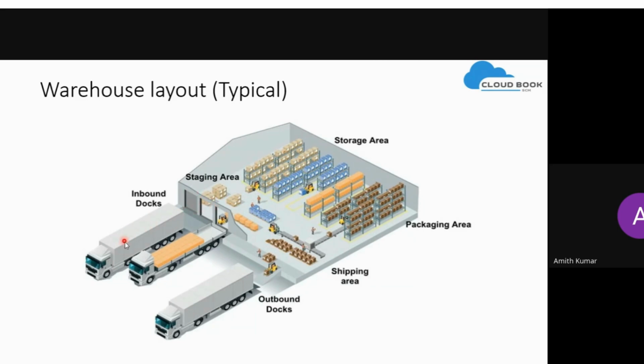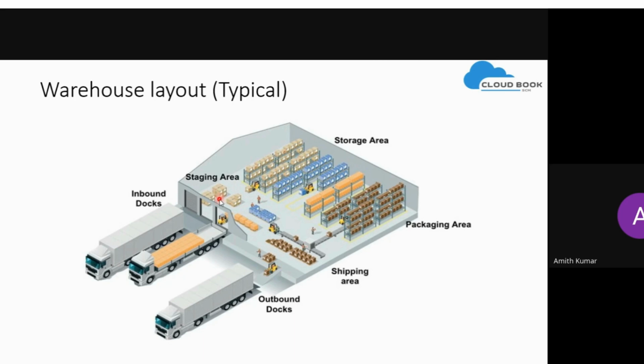You see these are the trucks or trailers docked at these doors. All warehouses will definitely have doors where your trucks or containers will be docked, and then the unloading will happen. This is a very important area which will be available in any warehouse. So it's a staging area, the inbound staging area.